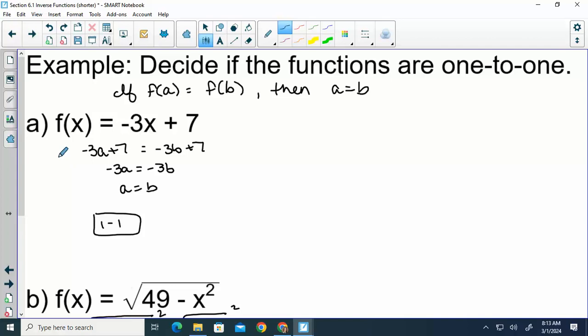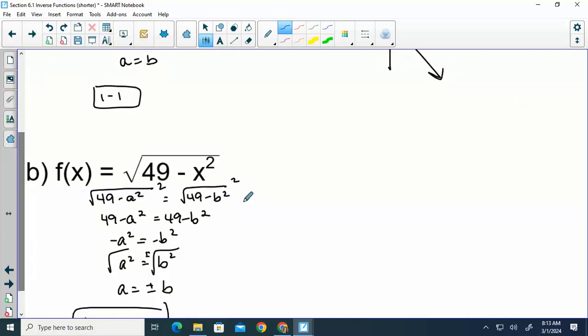So what's the graph? Short line. It's a straight line. So is that 1 to 1? Yes. So we can tell from our graph. We got something like this. That's 1 to 1. All right, if you graph this one, the square root of 49 minus x squared.